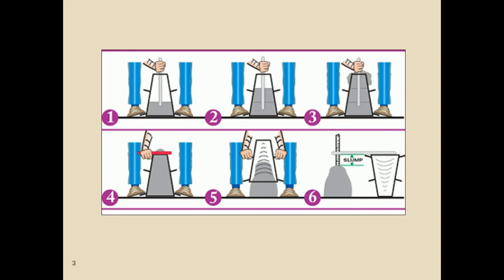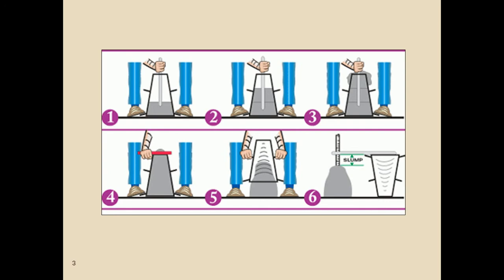You can see in the fifth picture, once the cone is lifted, the concrete tends to settle due to gravity. Whatever the concrete settles, that vertical settlement is called the slump. So this is how the slump value is measured. There will be a vertical settlement of concrete after inverting the slump cone.